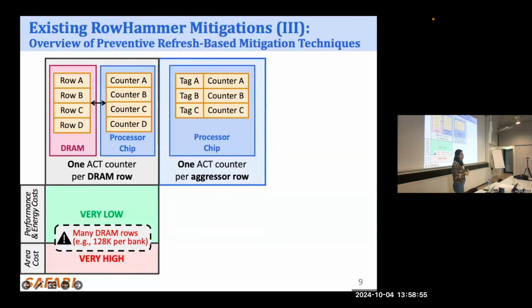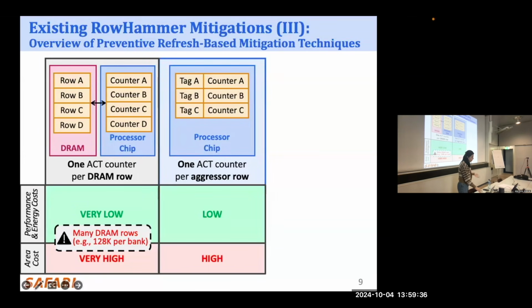And the second approach aims to reduce the number of counters using one observation. This observation is that an attacker can only hammer a small set of the DRAM rows before DRAM is periodically refreshed. So this reduces the number of counters that we need. However, we need to allocate these counters to specific rows. So these mitigations allocate one activation counter per aggressor row. And they use tags to understand which counter belongs to which DRAM row. Since these counters are incremented when these specific rows are activated, the performance and energy costs are still low.